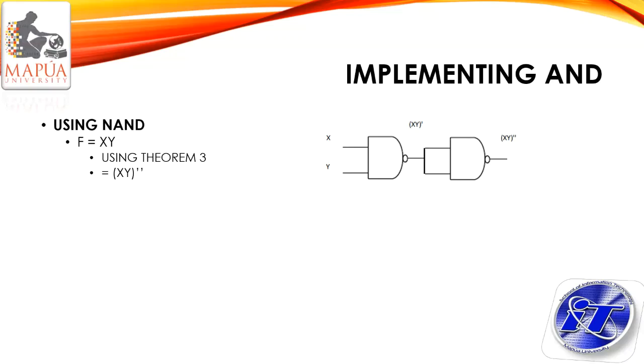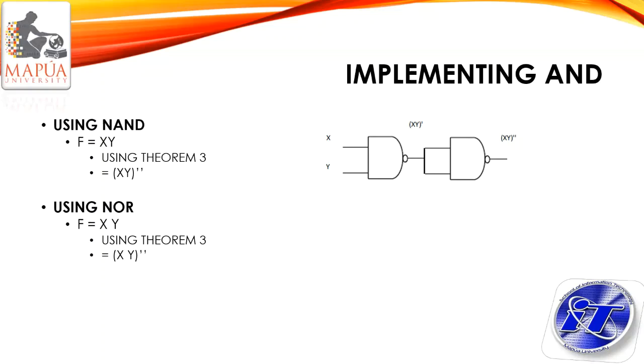Okay, how about NOR? So again, xy. Unfortunately, our main function here is AND. We need to transform it to OR and NOT. So first we need to implement theorem 3 to introduce negation.